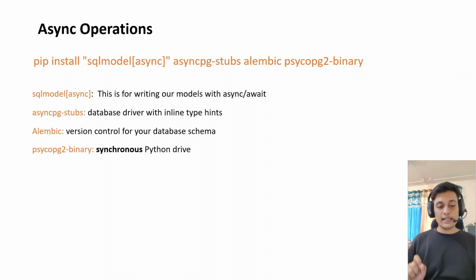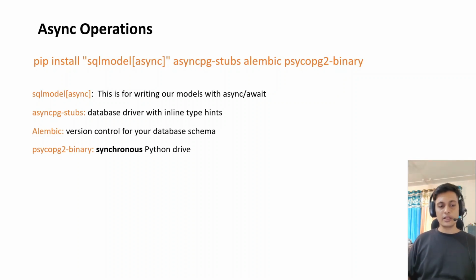And coming to the psycopg2 binary. This psycopg2 is a synchronous Python driver for your PostgreSQL. But why do we need a synchronous Python driver when we are working everything in an asynchronous way? We need this for Alembic. Alembic works in a synchronous manner. First thing first, second thing second, because you cannot put the data into a table that is not created.